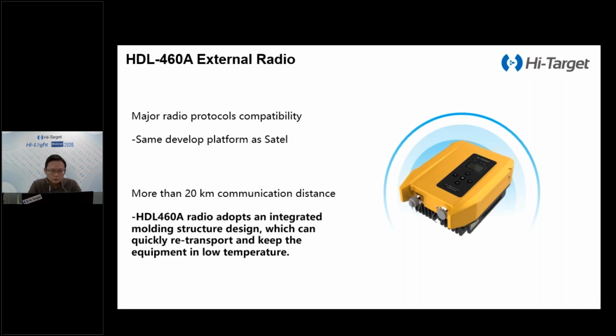But now I want to introduce it more because it uses the same development platform as CATL, compared with other domestic Chinese factories, and it can offer more than 20 kilometers of communication distance. Another more important point is that the HDL 416A radio adopts an integrated modeling structure design, which can quickly transfer heat and keep the equipment at a low temperature.